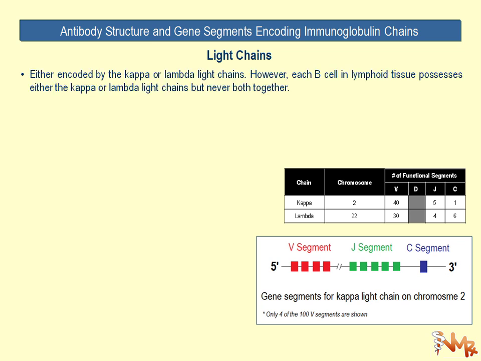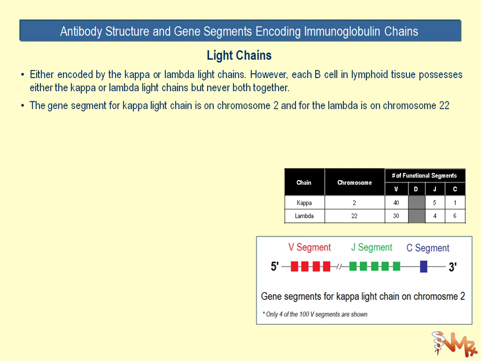The light chains are encoded by either the kappa or lambda light chain genes. However, each B cell in the lymphoid tissues possesses either the kappa or lambda light chains, and never both together. So for now, the light chains are either kappa or lambda.